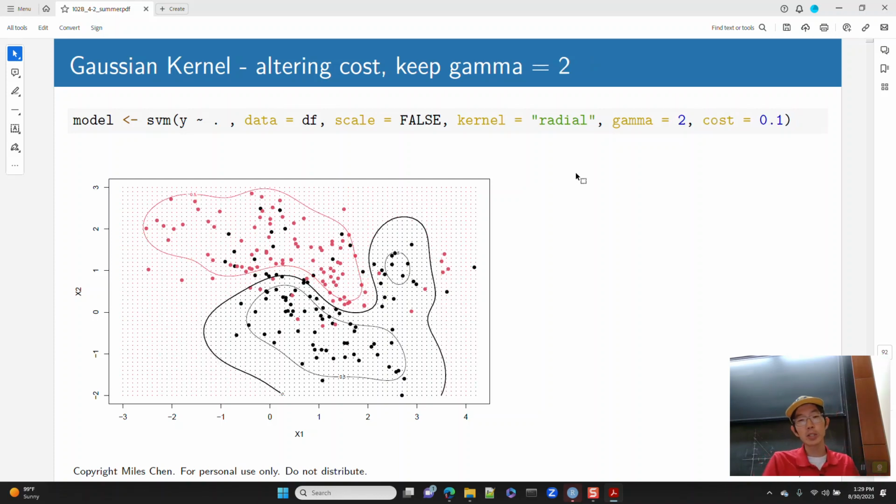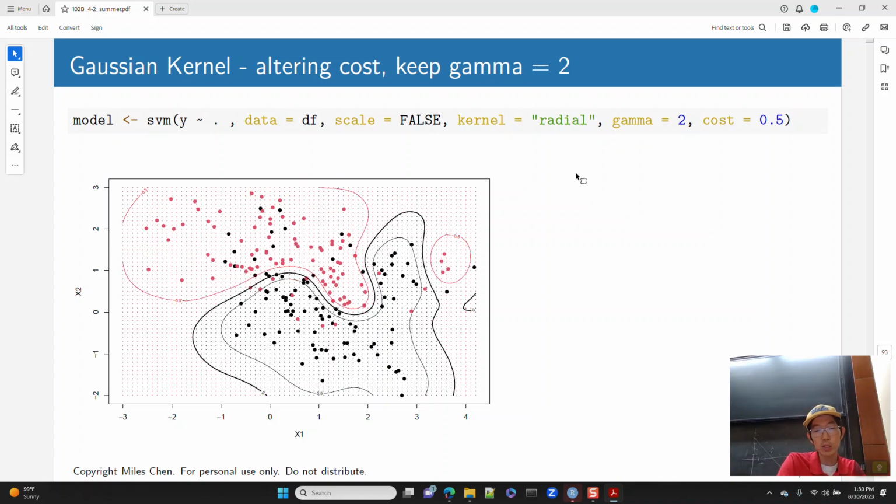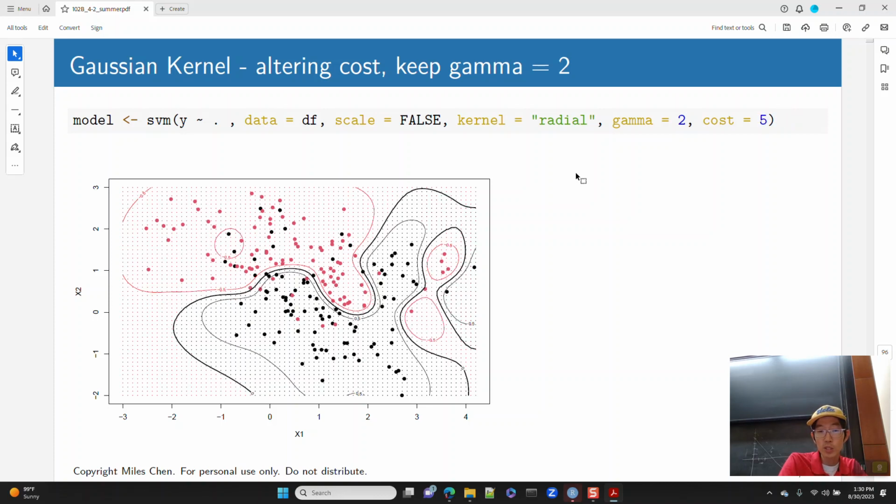If I have gamma equal to 2, which gives me more flexibility, here it is with cost equal to 0.1. I don't have a ton of misclassifications already, but as I increase the cost of a misclassification, we're getting even tighter curves and boundaries, and it's really trying to avoid misclassifications.